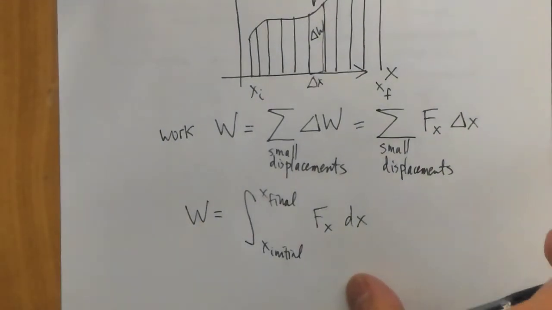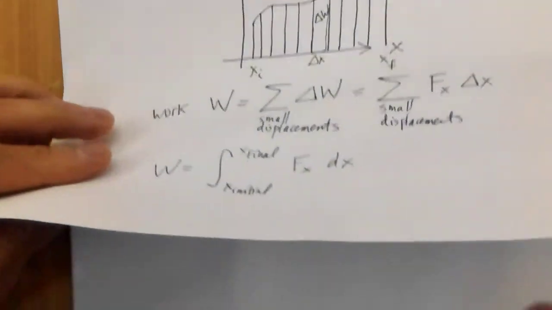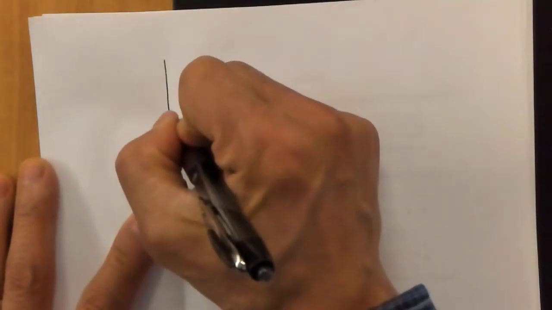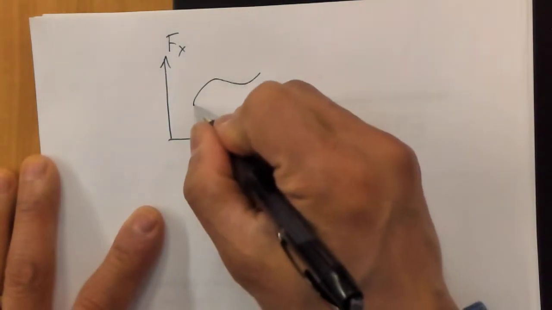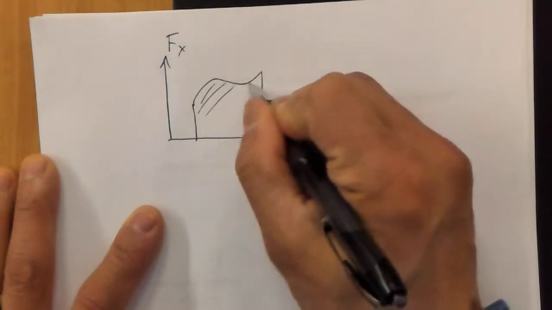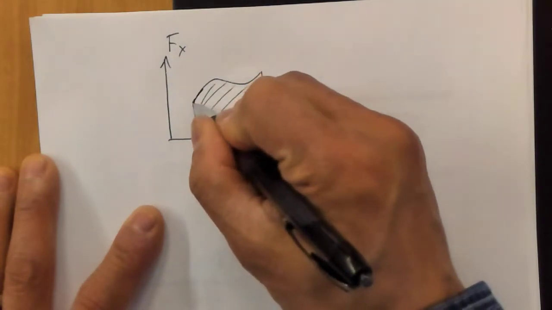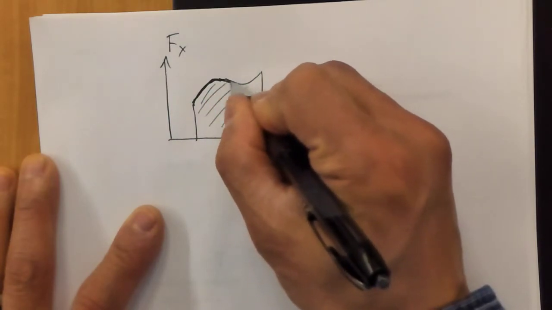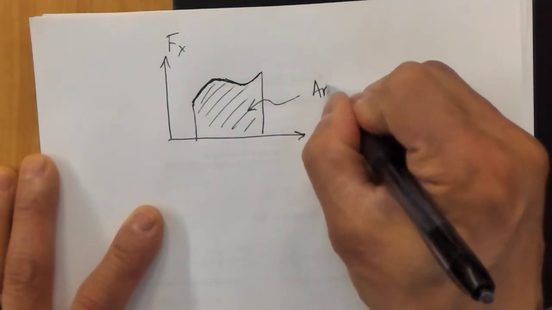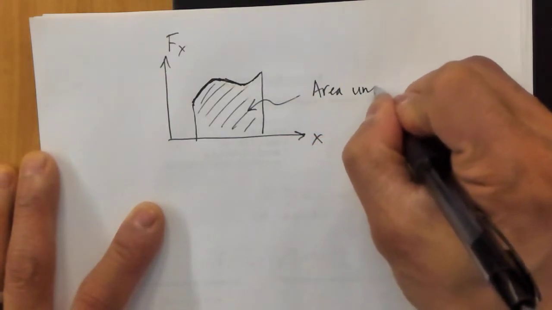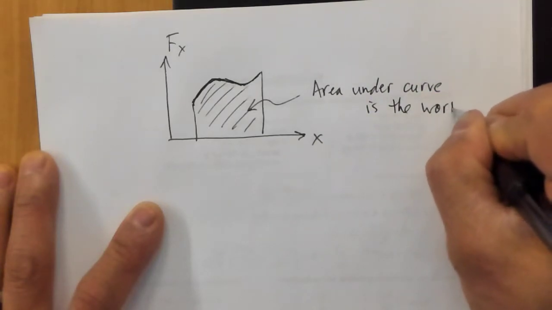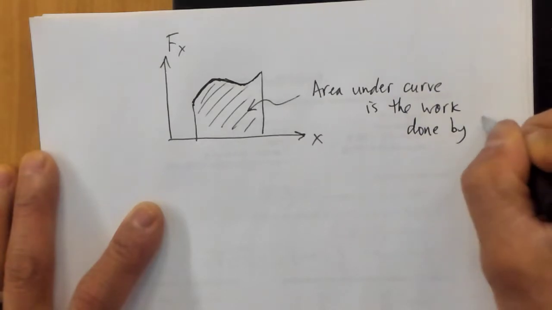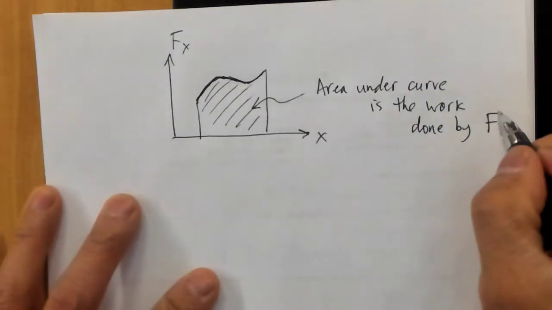Just think conceptually: if we have a plot of Fx versus x, and we have some curve, then the area under the curve is the work done by the force.